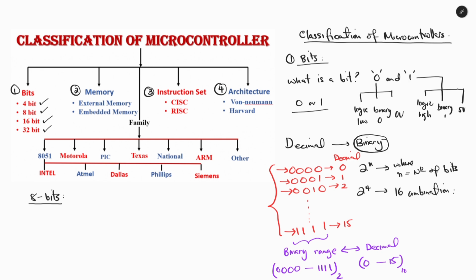Now, in terms of the 8 bits, we should have 1, 2, 3, 4, 5, 6, 7, 8, and we have 0 0 0 0 0 0 0 1, and we have 0 0 0 0 0 0 1 0 all the way to 1 1 1 1 1 1 1 1. Now we know that we have 2 to the power 8, which will now give us 255.